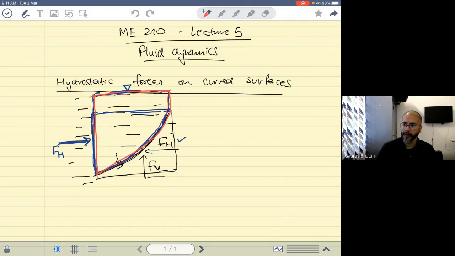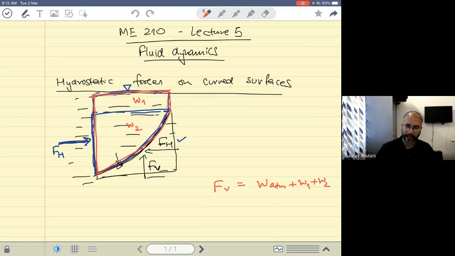On the top the force acting is atmospheric, and the force FV has to balance the weight of the water that is above it. So if I call this one weight 1, this one weight 2, and on the top you have atmosphere, so it has to be equal to the weight of the atmosphere plus weight 1 plus weight 2. And that again can easily be solved.